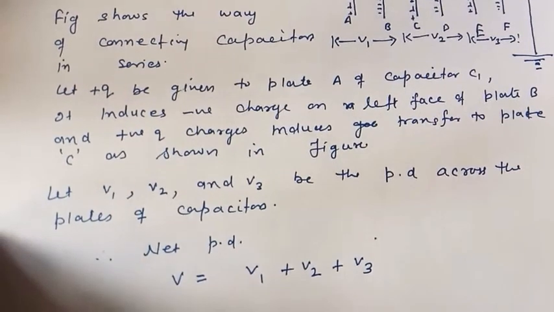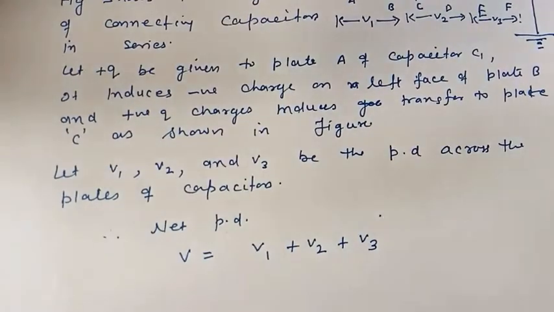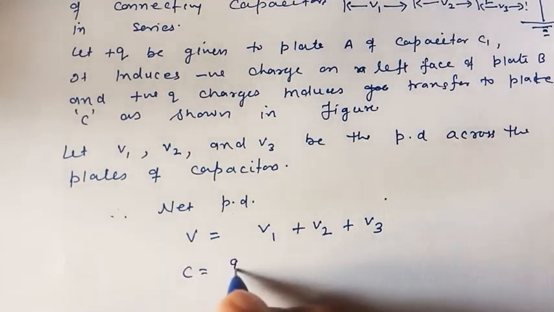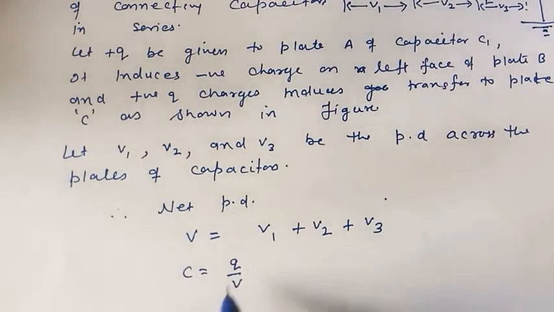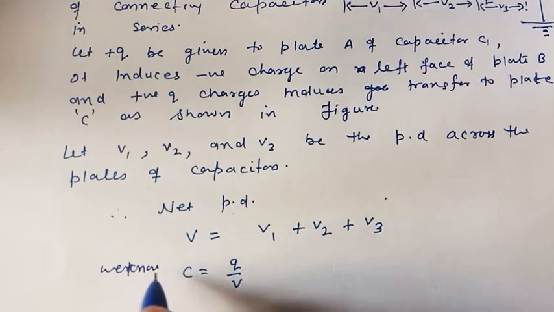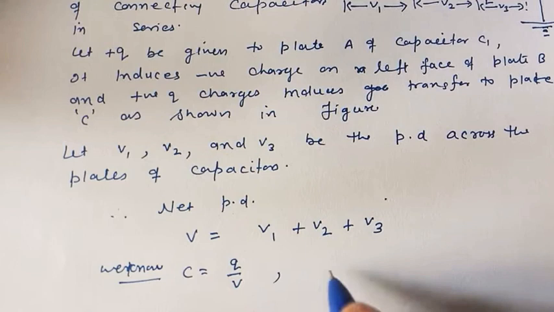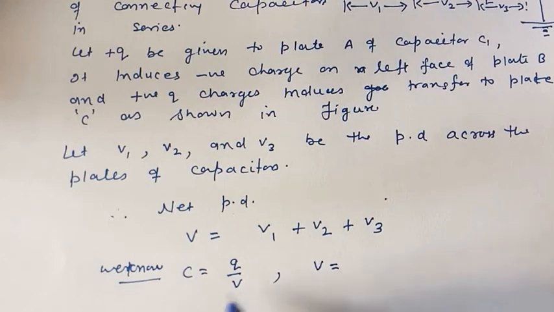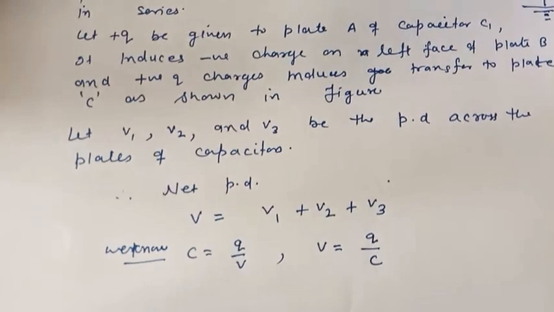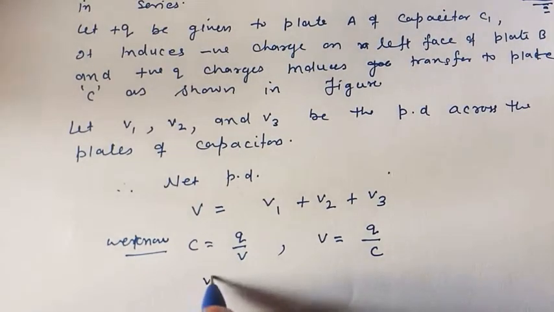Now you know capacitance C equals the ratio of charge over potential. So from here, potential equals charge upon capacitance. So what will be V1?